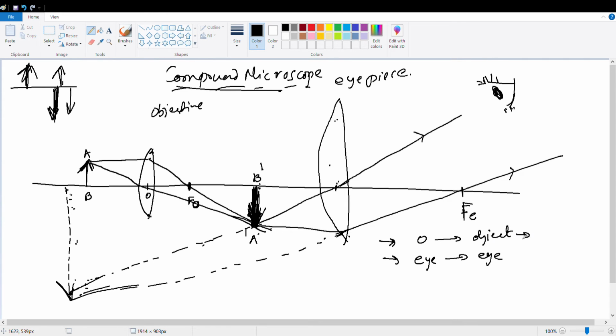The focal length of the objective lens is small, and the eyepiece has the larger focal length. So FO will be smaller than FE. You see, the distance from this one to this one is smaller than this one to this one. Yes or no?